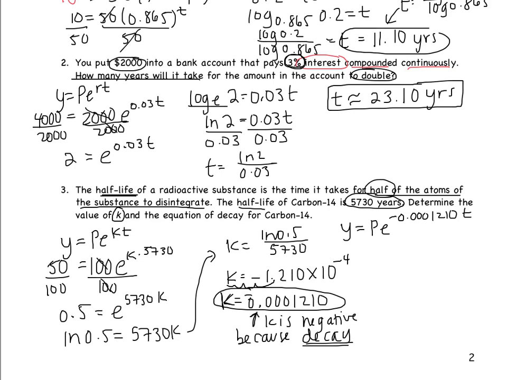P is your starting amount, so you can put in, I started with 500 grams, 1,000 grams, 2 grams. You also could write your equation as y equals e to the negative 0.0001210 t. In this second case, you would get an answer as a percent. So 5% remains or 10% remains, whereas the first equation would tell you the actual amount.